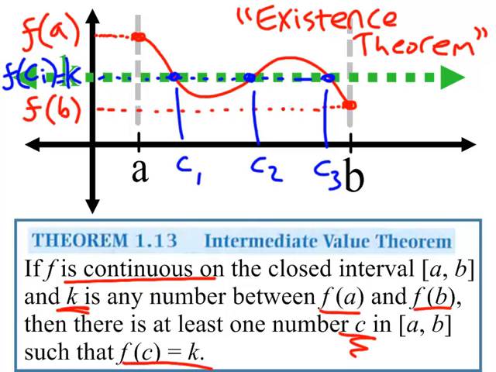Yet it doesn't tell us how to get that value c. So that's just something to be aware of. As far as how we actually find out what c is, and if there's multiple values, how do we find out what all the values c are? Well, you're going to rely on various algebraic techniques and or graphical techniques. But the IVT simply guarantees that it exists. It doesn't tell you how to find it.